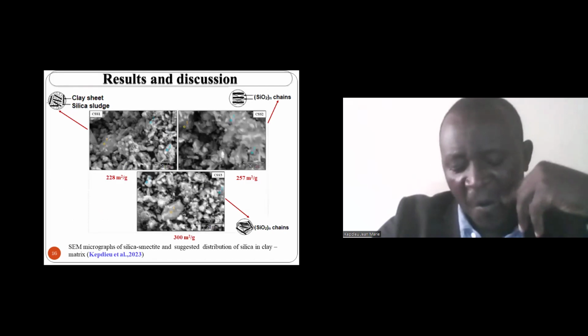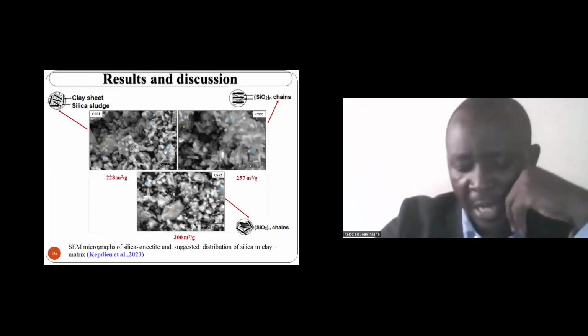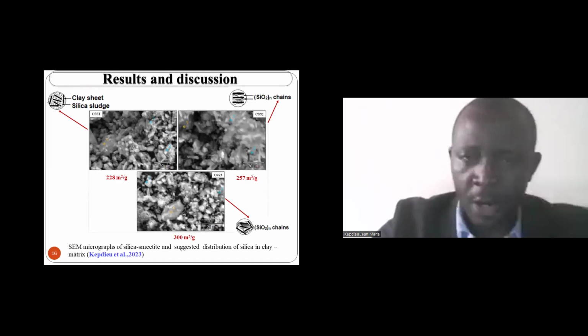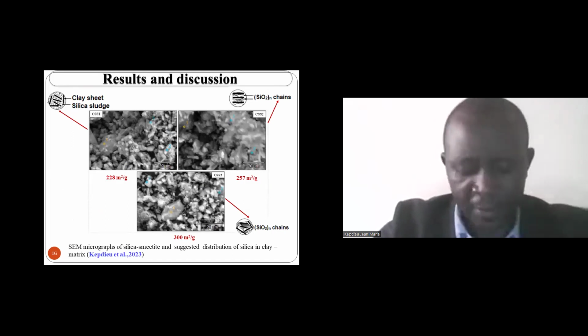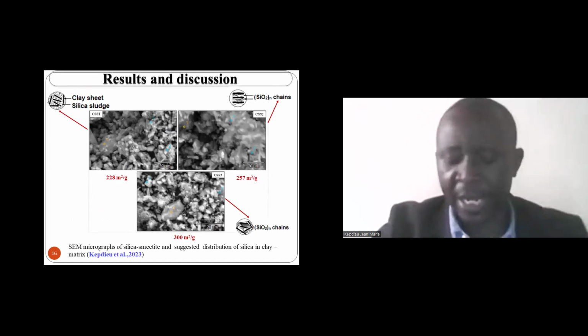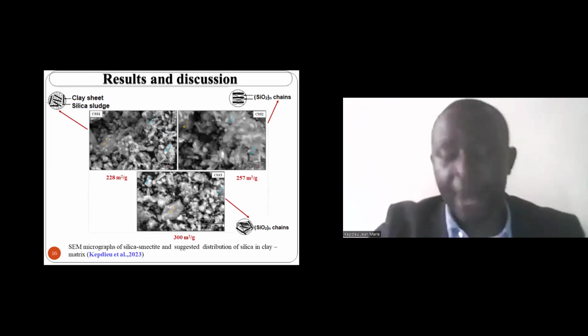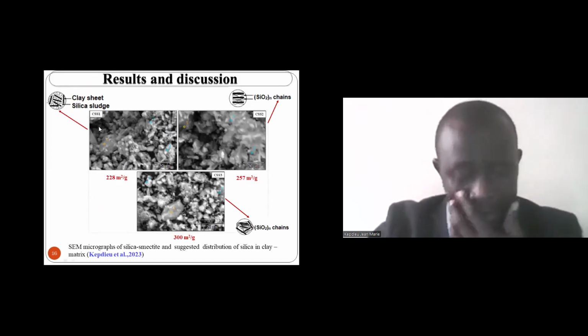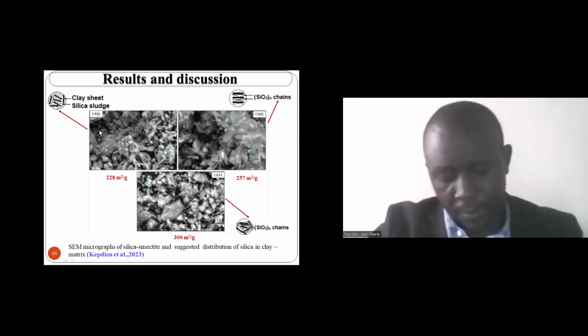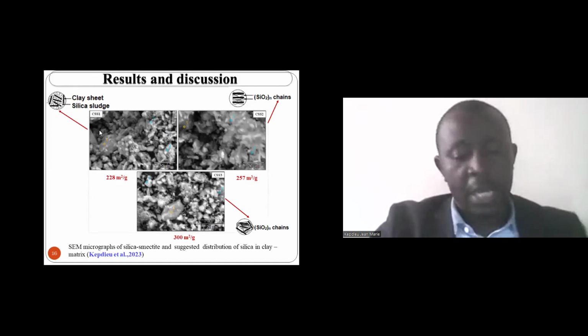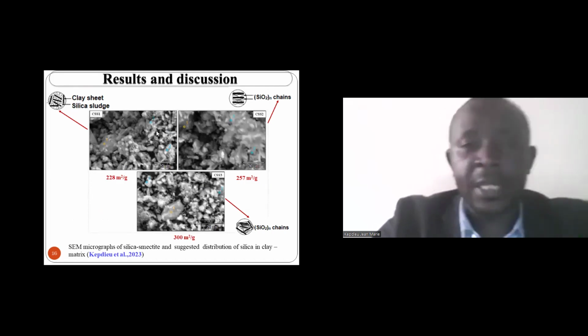Concerning scanning electron microscopy, all samples show a heterogeneous morphology where the distribution of silica particles in the clay matrix changes with each synthetic pathway. For the silica sludge pathway, a predominantly three-dimensional like structure with a ferrosilicate matrix skeleton was obtained.